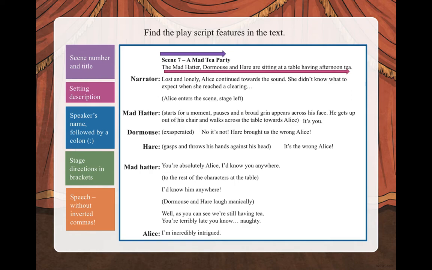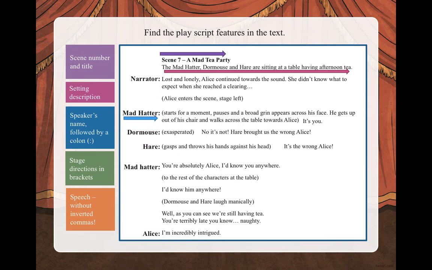Next, in that pinkish colour, the Mad Hatter, Dormouse and Hare are sitting at a table having afternoon tea. Now that is a setting description. So we know where the Mad Hatter, Dormouse and Hare are. They are sitting at a table and they're having afternoon tea.